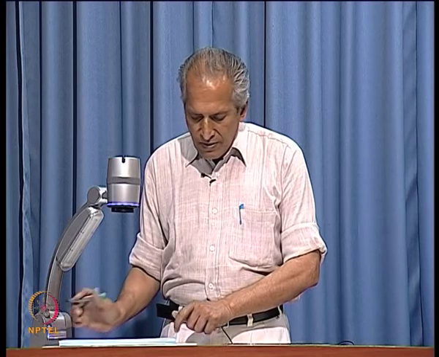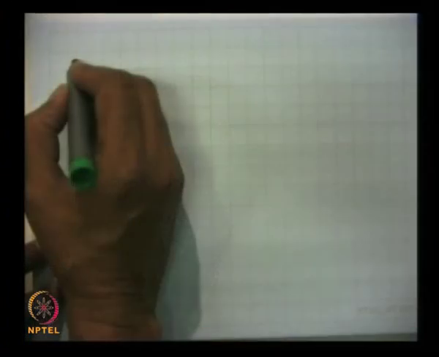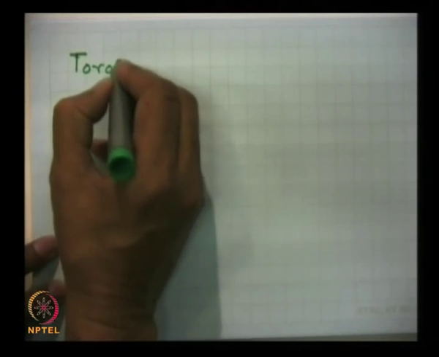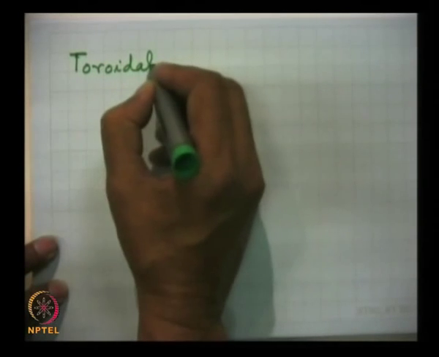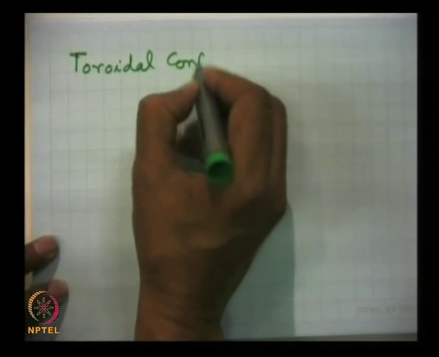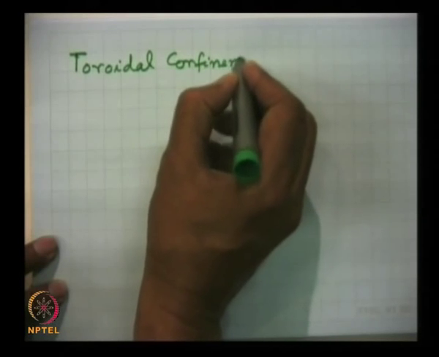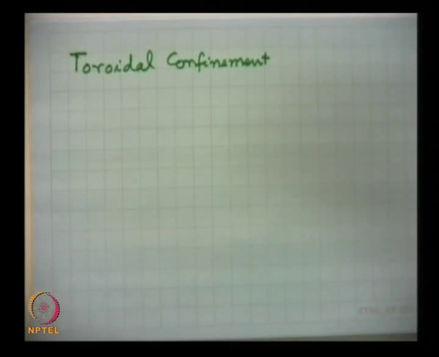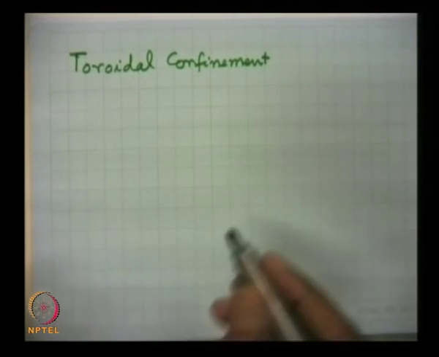So, a primary thing in toroidal confinement is to counter the grad B and curvature drifts, and for that people thought of having a current in the plasma.